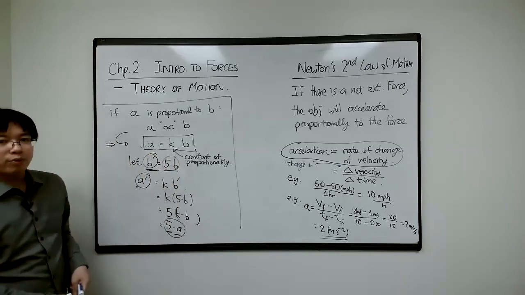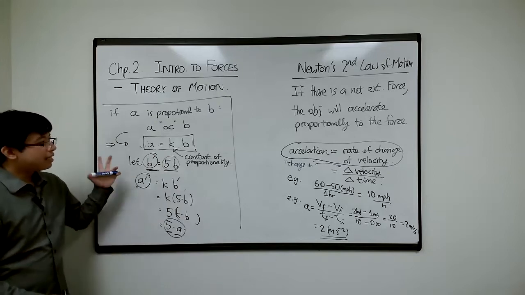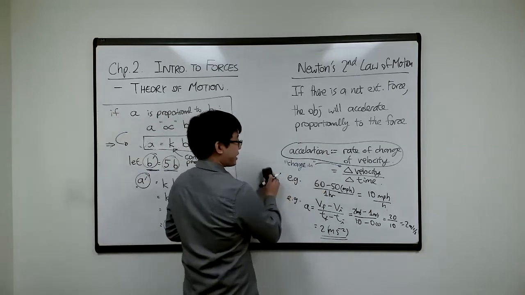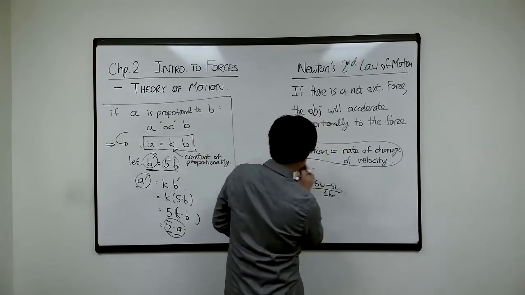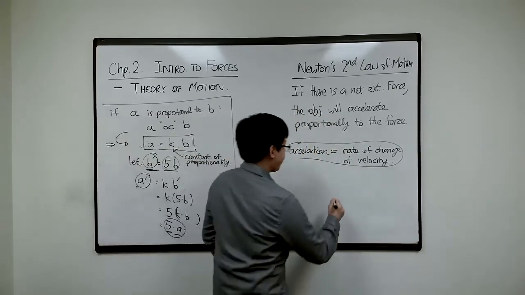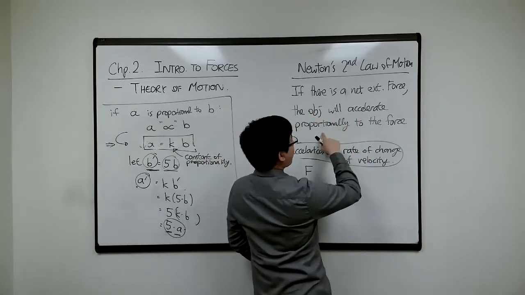All right, so that's just a quick reminder, or hopefully a different perspective if you haven't thought about it this way before, of what proportionality means. Okay, so let's go back over here. What Newton's second law says is that if there is a force, let's call that F, the object will accelerate proportional to the force.